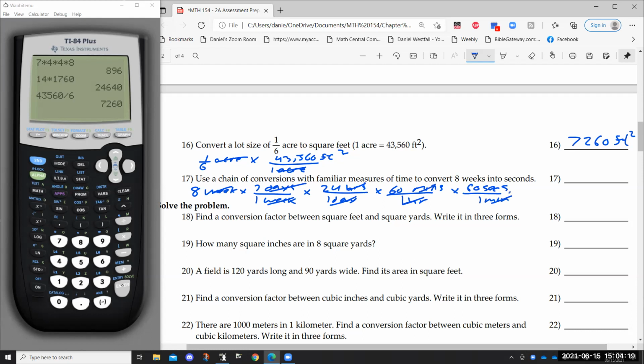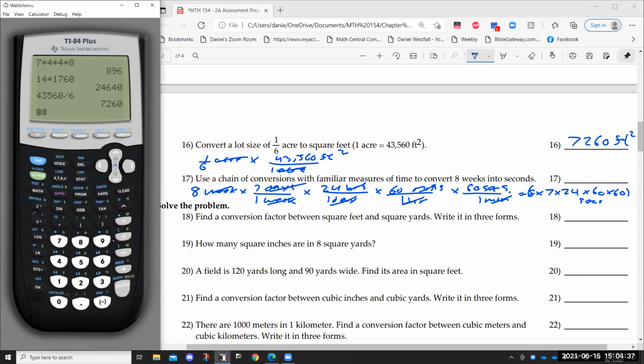I stopped because I got to seconds, right? So this is going to be 8 times 7 times 24 times 60 times 60 seconds.